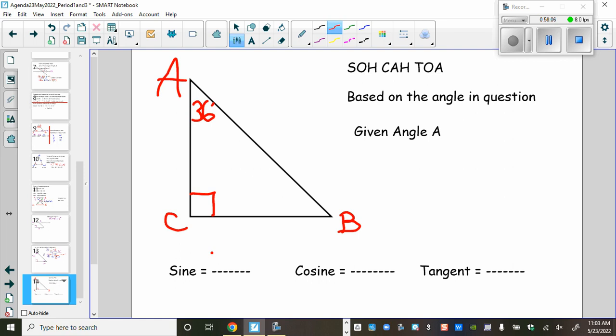So the sine is the opposite over the hypotenuse. But remember, it's angle based. So for instance, with sine A, your opposite will be over here. This is your opposite.